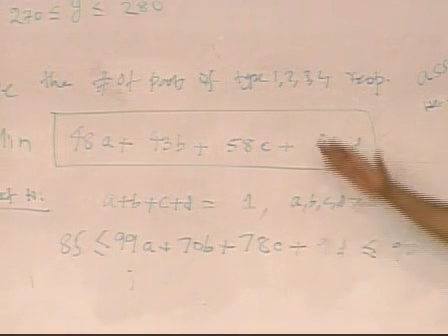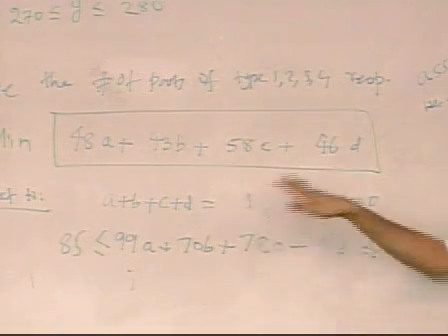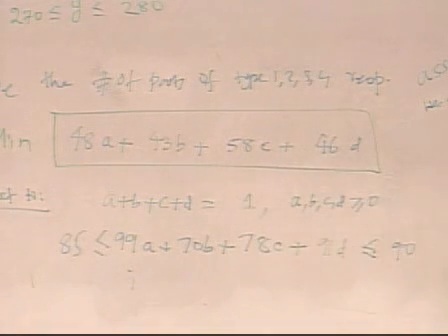The second constraint is exactly like this with a different set of numbers, and that would be a formulation of the blending problem that you started with.